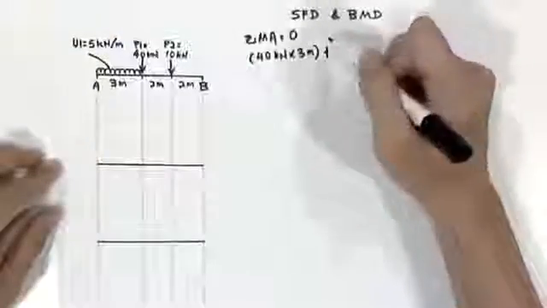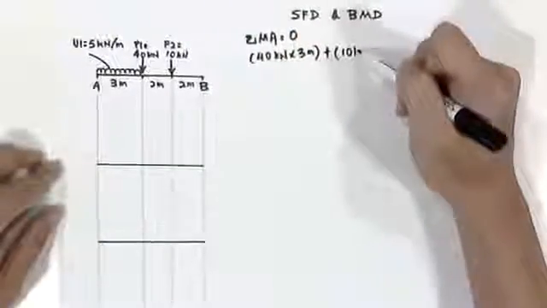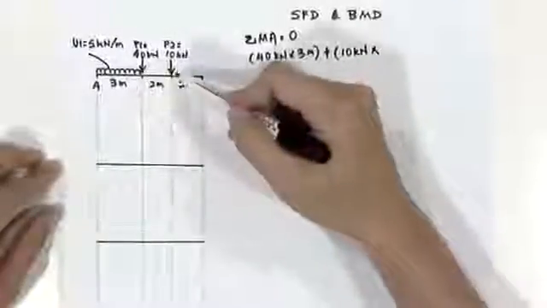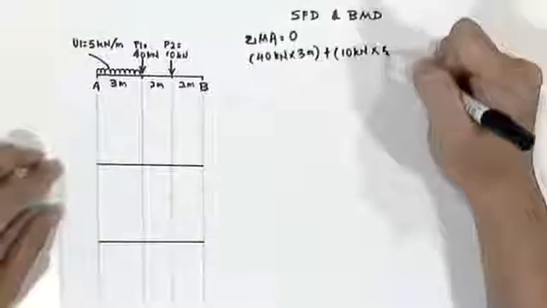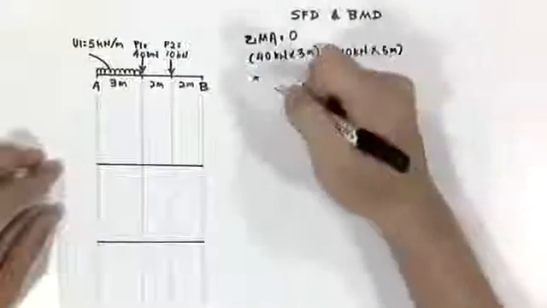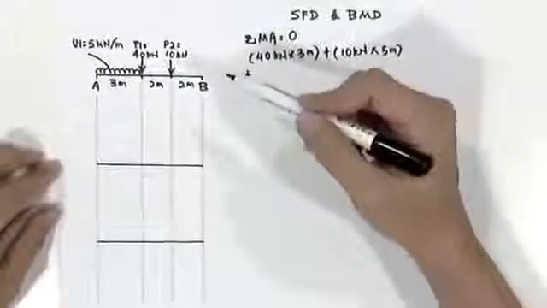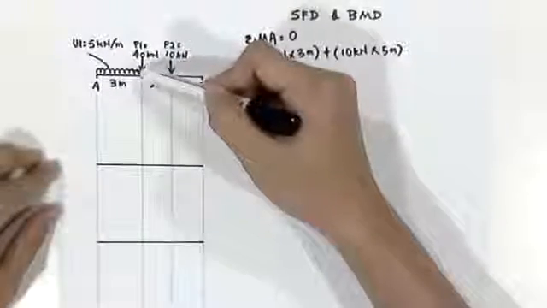The next thing will be P2, 10 kilonewton times the distance from point A, which is 5 meter. Plus, this time we have to convert the uniform load U1 into a point load acting at the middle of the span of that particular uniform load.